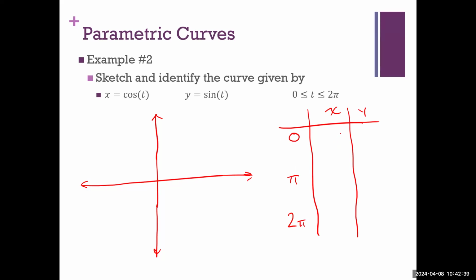When t is 0, what are x and y? 1 and 0. How about pi? -1, 0, and 2 pi. I don't think that's enough. Yeah, let's do the halves.